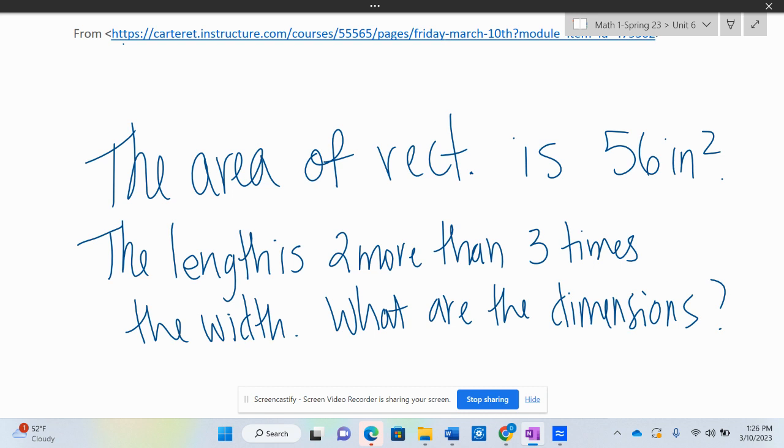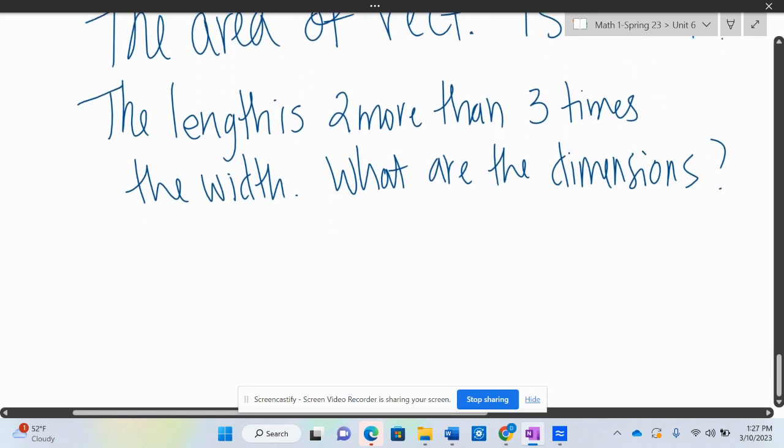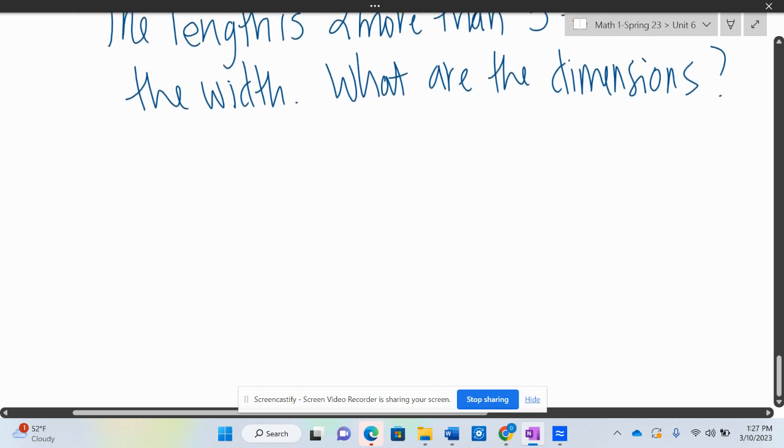So I want you to think about what we've been doing. We've been taking a binomial and multiplying it by another binomial and getting a quadratic equation, right? So the idea of area really lends itself to quadratics. So that's really what we're going to start focusing on as we start talking about real world problems. So I'm going to draw a rectangle and I'm going to label the sides.